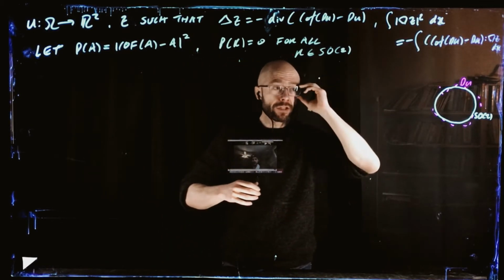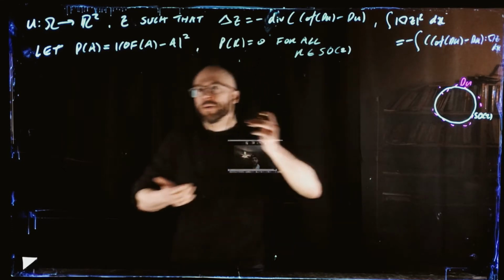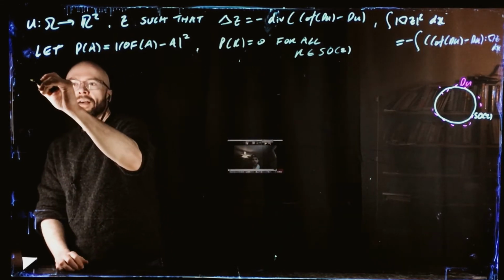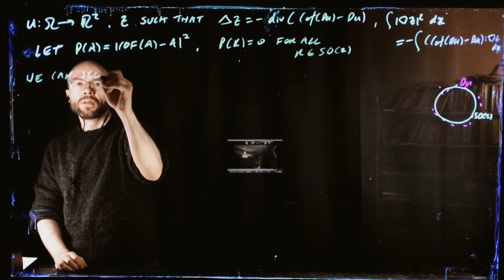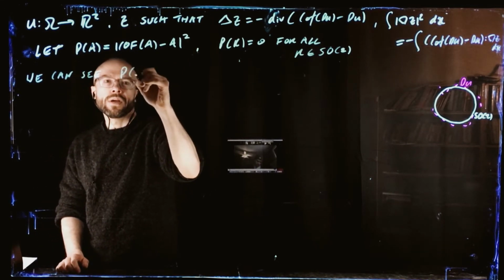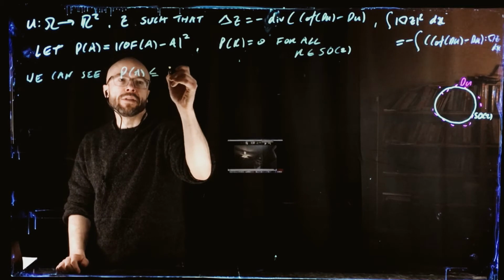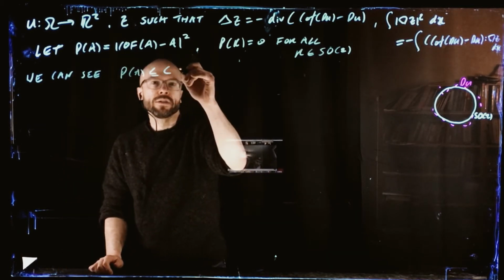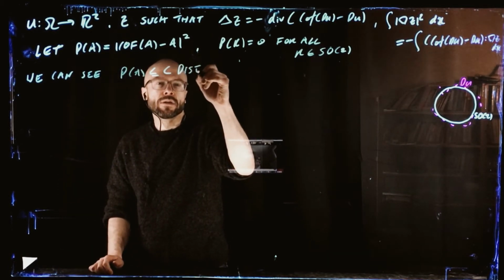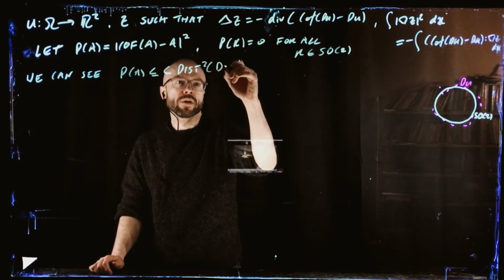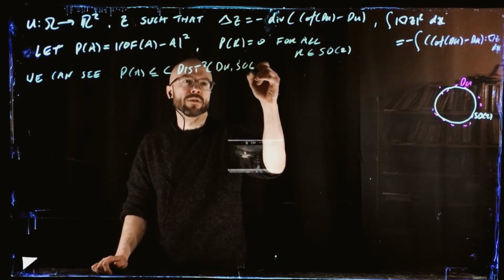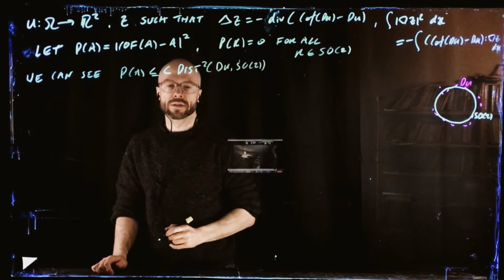It's not too hard to see that P of A will be bounded by some constant times the distance squared of the gradient away from the space of rotations, like this.